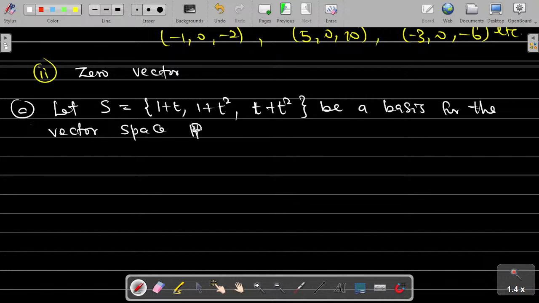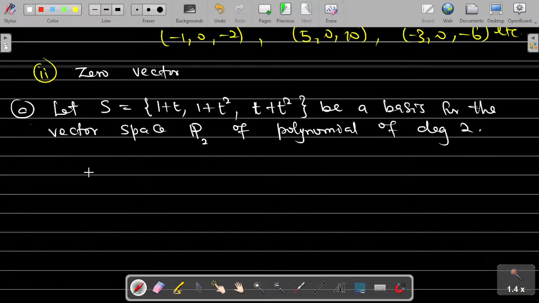And what is P2? P2 is the vector space of polynomials of degree 2, and they mention it here. You can see the highest degree there is 2.